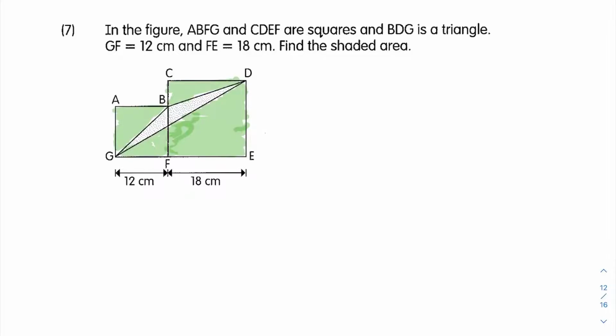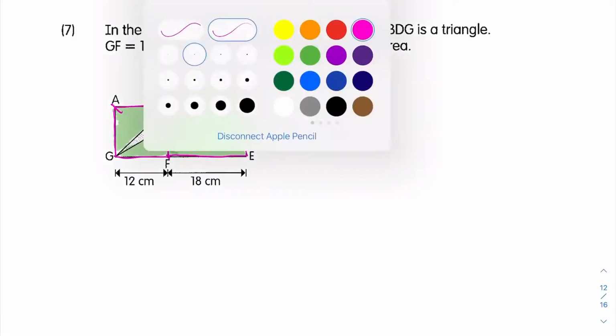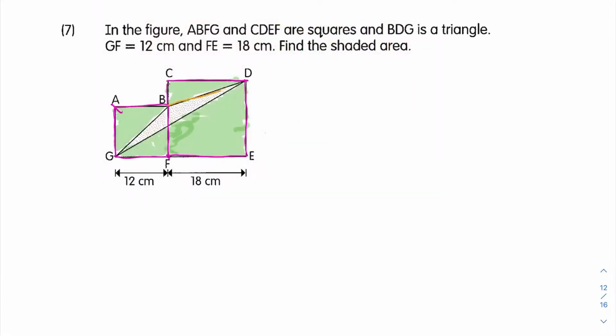ABFG is a square, and CDEF is a square as well. BDG is a triangle.